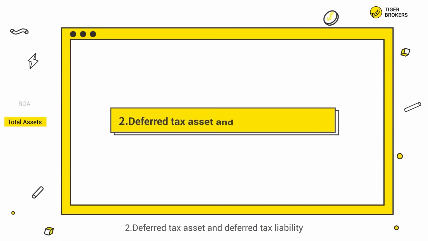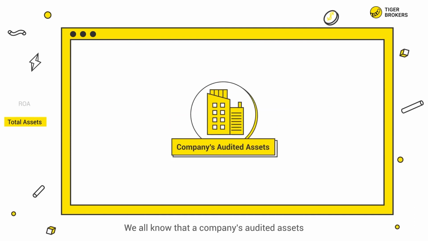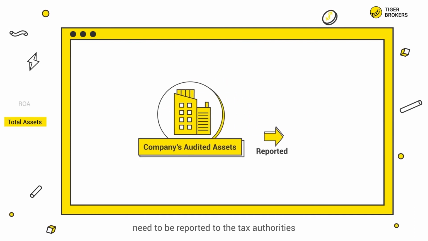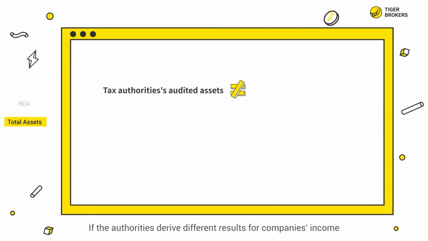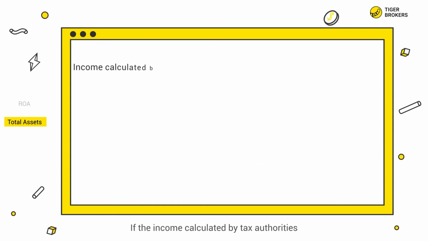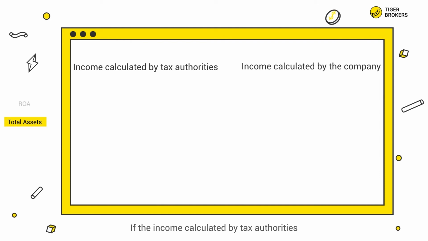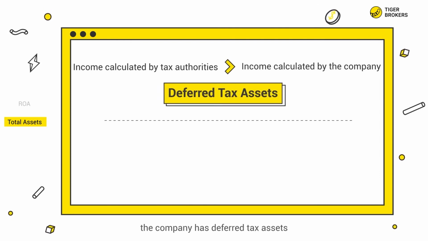2. Deferred tax asset and deferred tax liability. We all know that a company's audited assets need to be reported to the tax authorities. If the authorities derive different results for companies' income, companies will pay for or get deferred tax. If the income calculated by tax authorities is more than the company's results, the company has deferred tax assets.